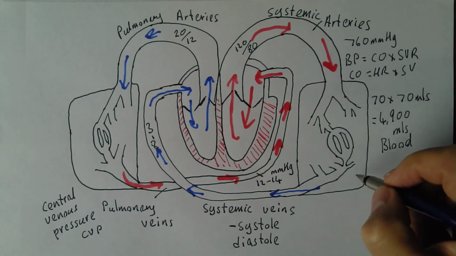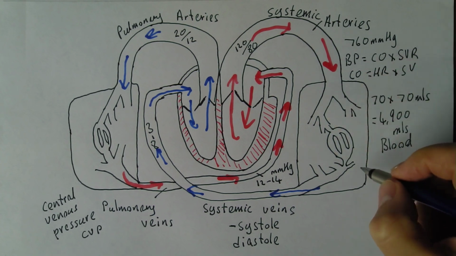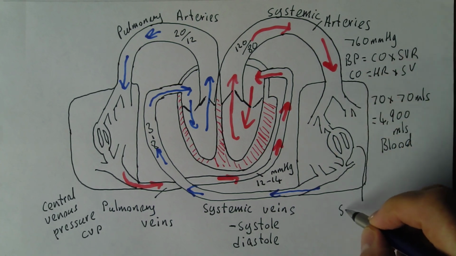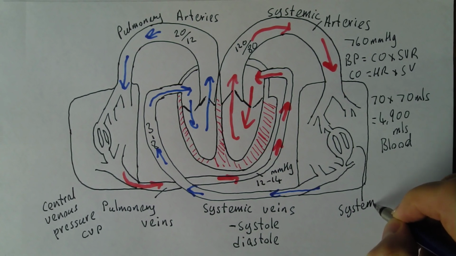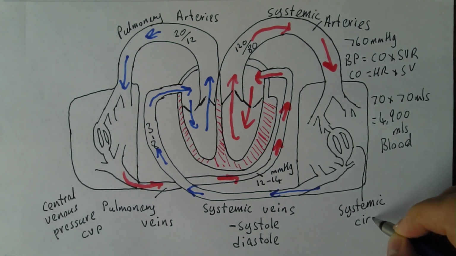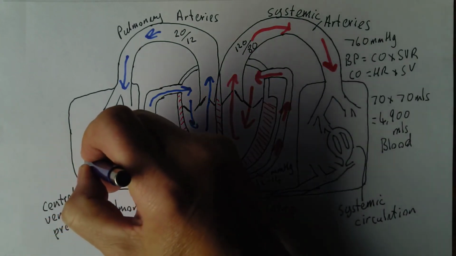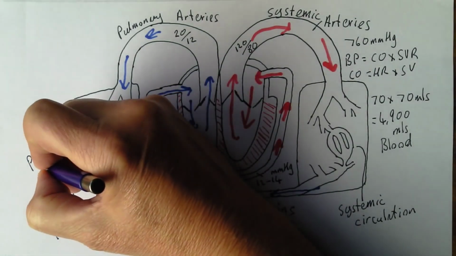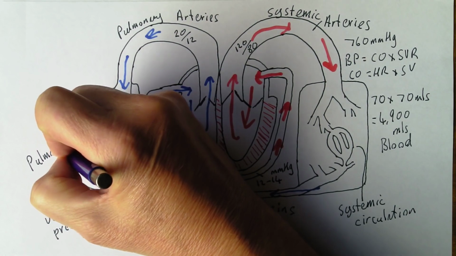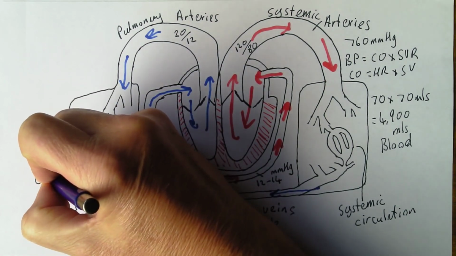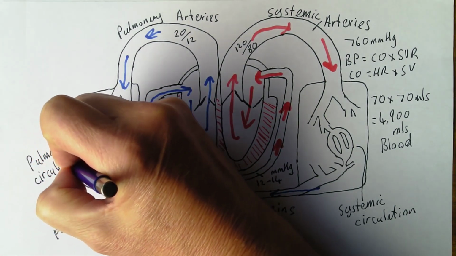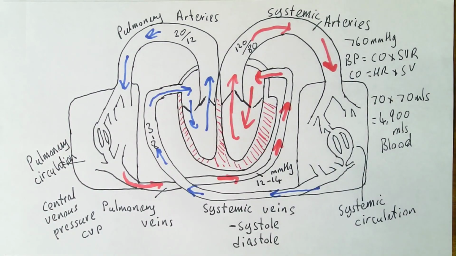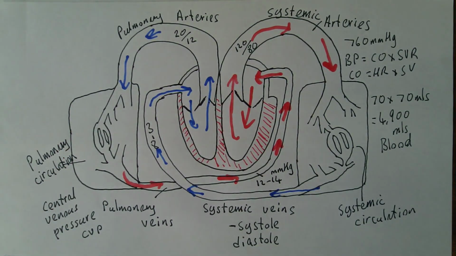So all of this here represents the systemic circulation. And in the same way, this here represents the whole pulmonary circulation. So there we have the normal circulatory system.